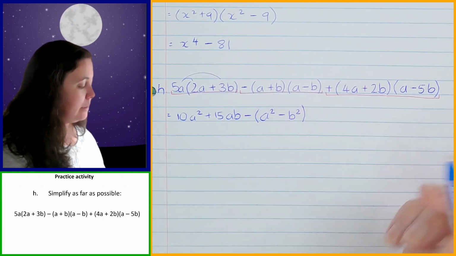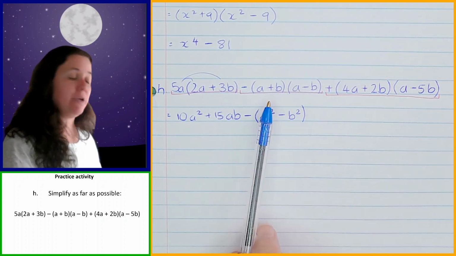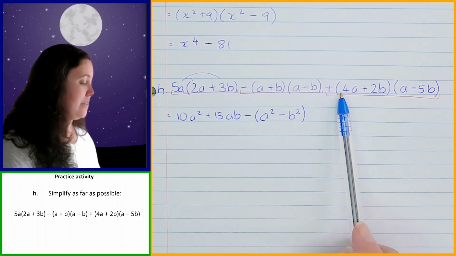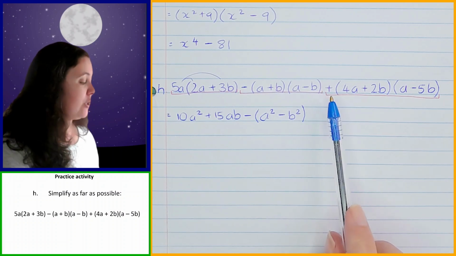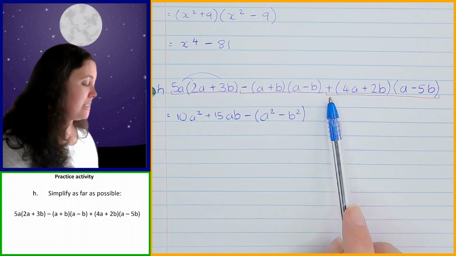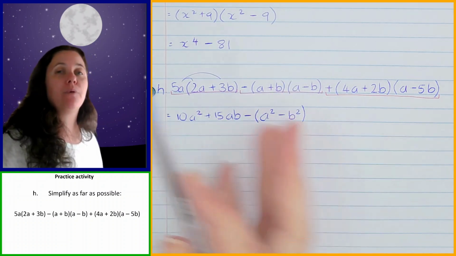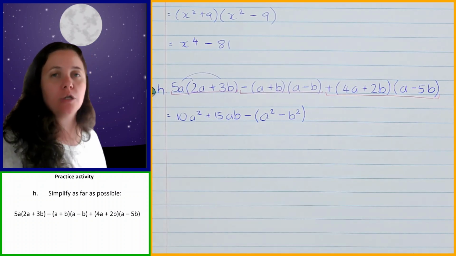Okay. Then my last term over here, it's similar to the previous one in that I've got something and then my two sets of brackets, but in this case, I've got a plus over here. Now, because it's just a plus and there's no number, no variable, and it's not a minus, I don't need to keep it in brackets, because if I were to multiply a plus into the brackets, it's not going to do anything.